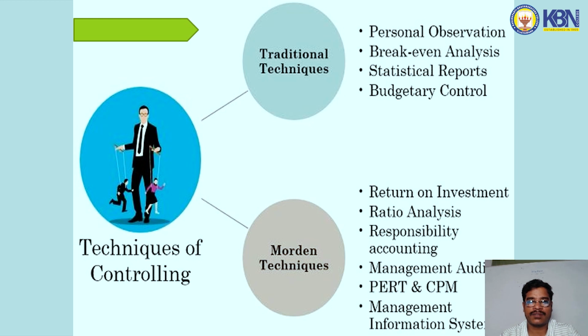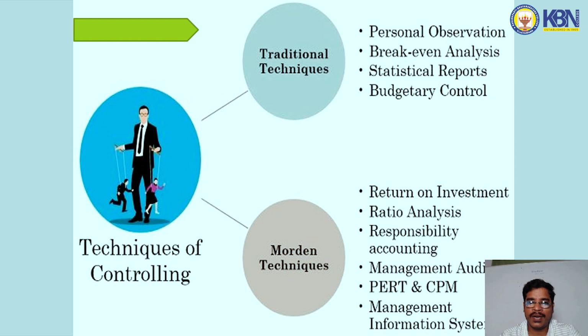And when it comes to the techniques of control, let us segregate the techniques of controlling into 2 types, that is traditional techniques and modern techniques. Under traditional techniques, we have personal observation, break-even analysis, statistical reports, and budget control.